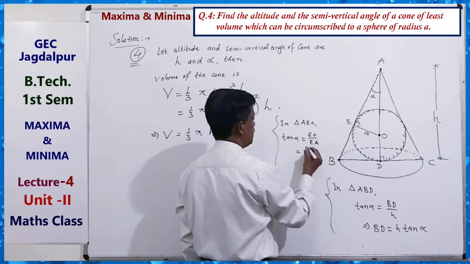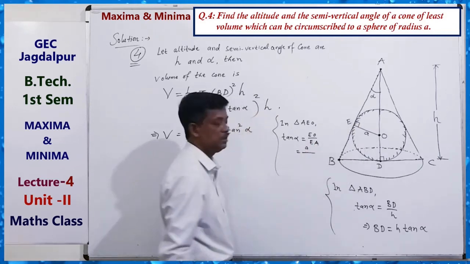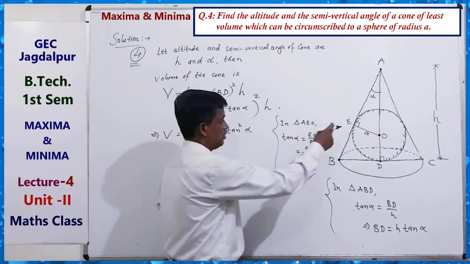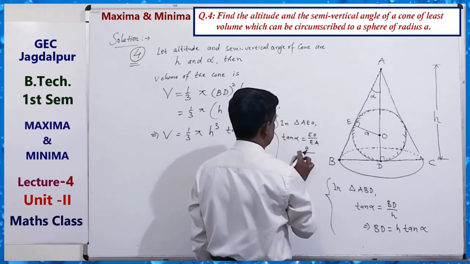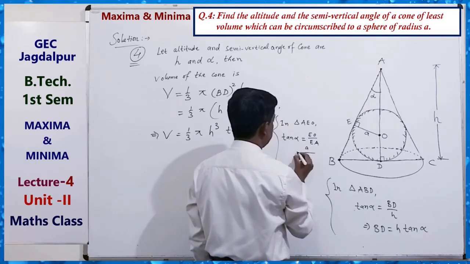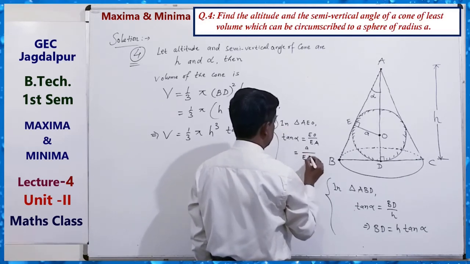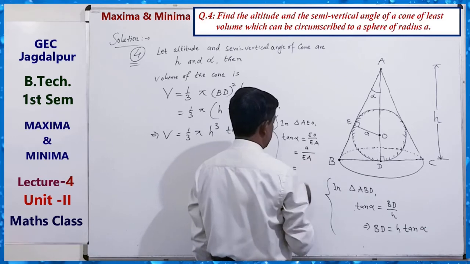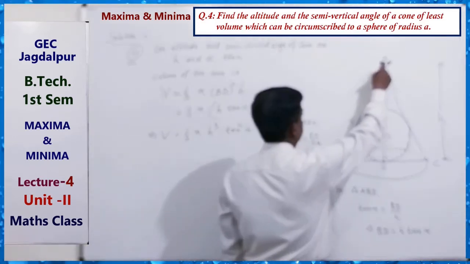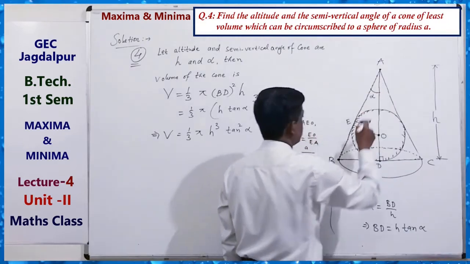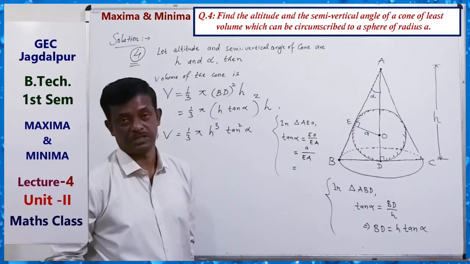EO means a, so tan alpha equals a upon EA. And EA can be found by using the Pythagoras theorem.